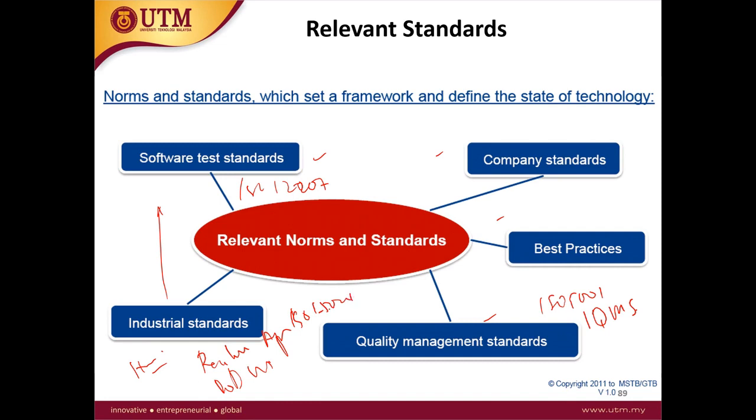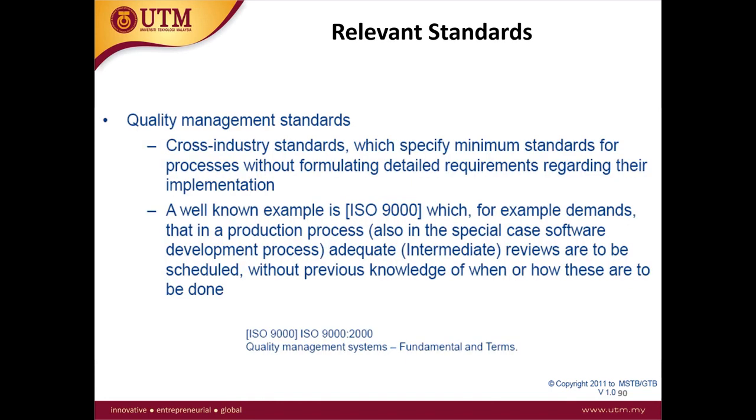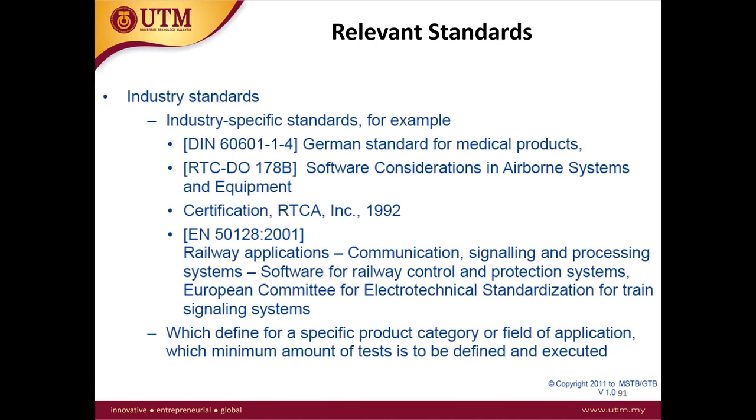So this is the number of the standards that we can use. There's ISO 9000, and 9000-3 is for software development. Then for railway application, EN 50128. I got this experience when we developed the MRT system.